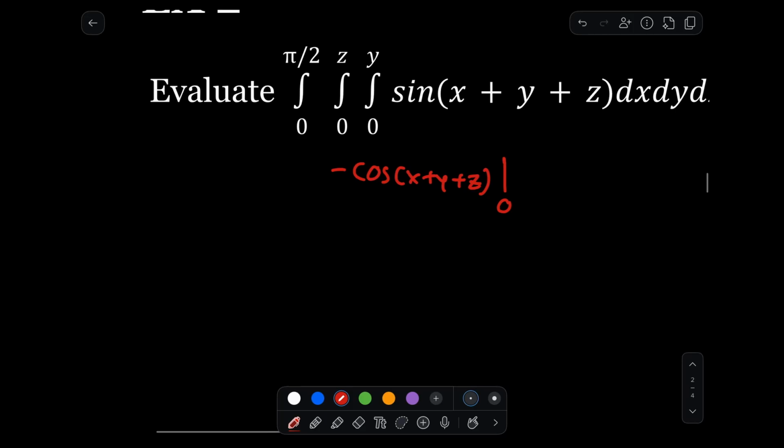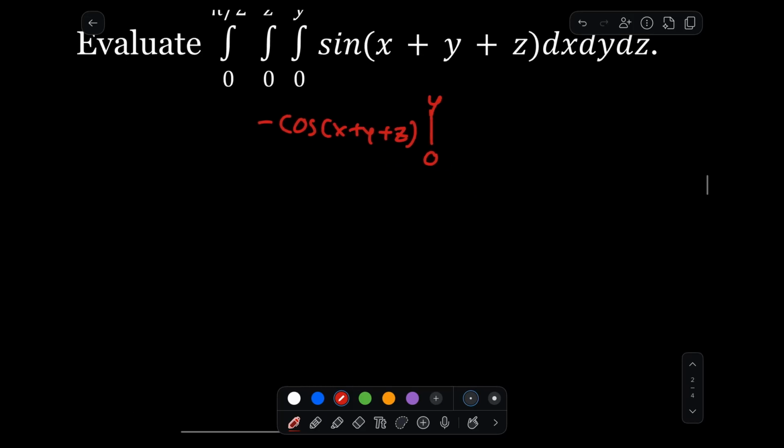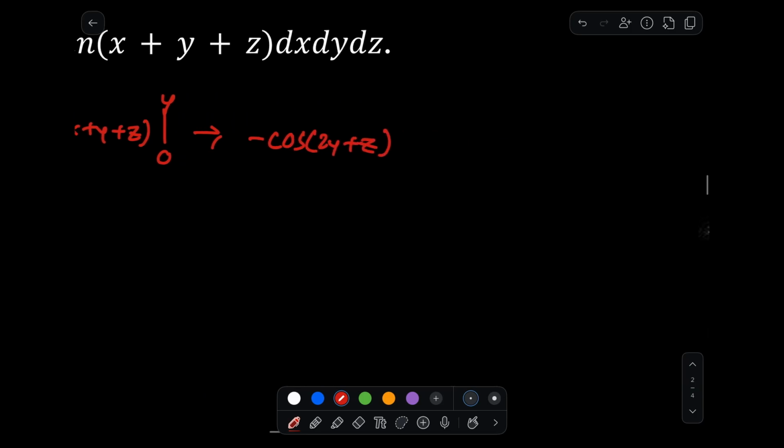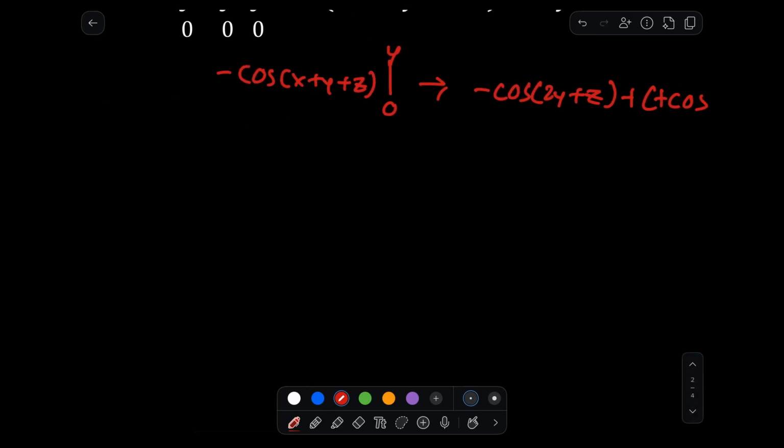We have to evaluate it from 0 to y. And we get negative cosine of 2y plus z, because we replaced the x with the y, minus negative cosine of y plus z.